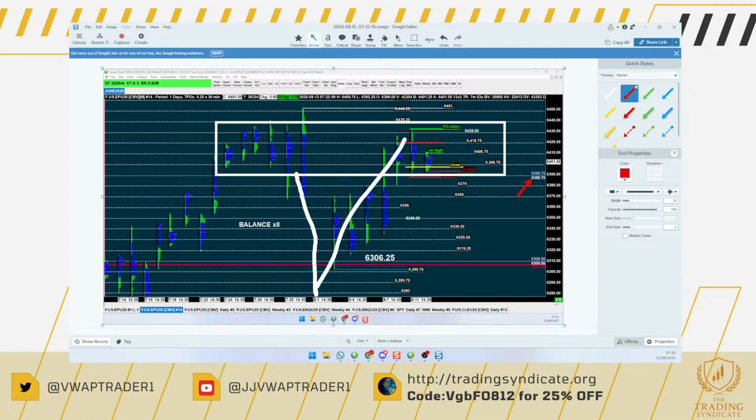Right now, that balance is 63.88 on the bottom and 64.38 on the top. Okay, it's a larger distribution.